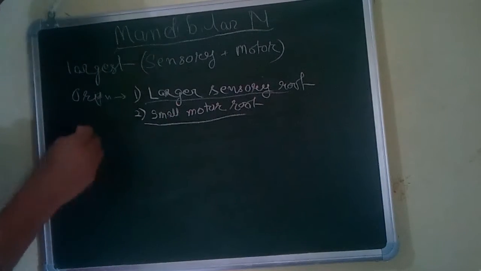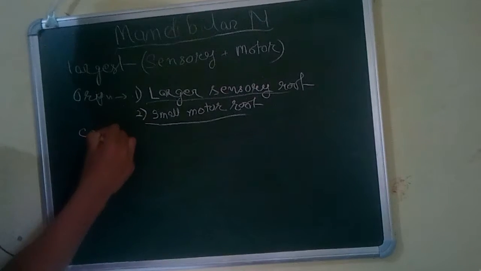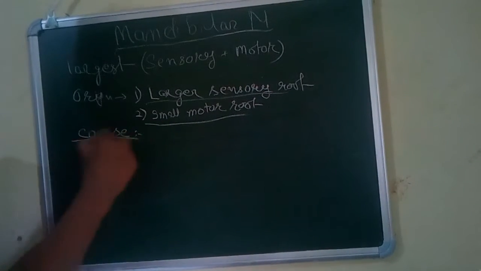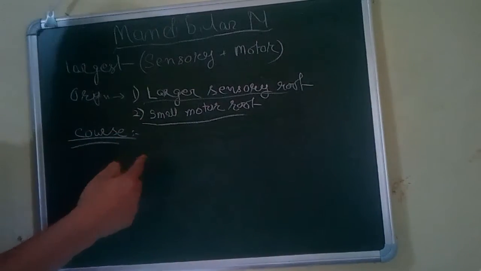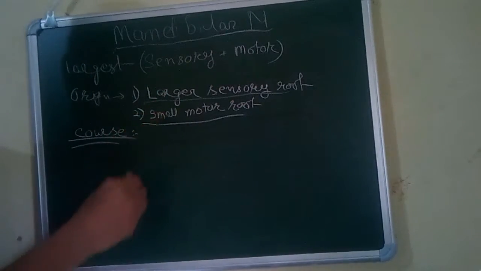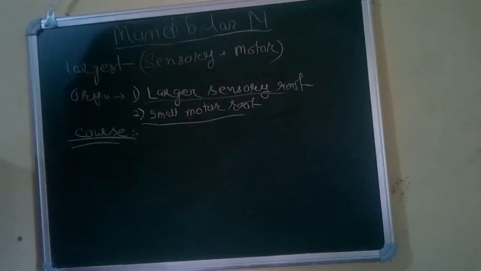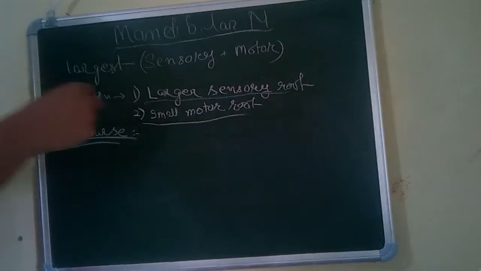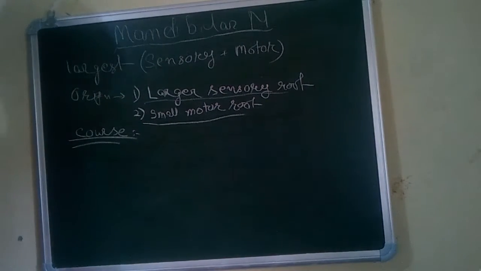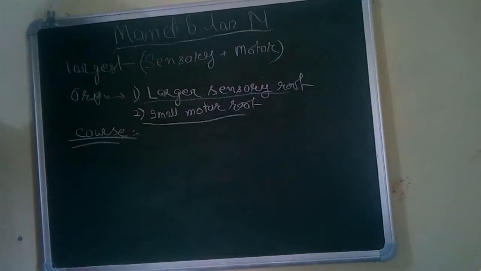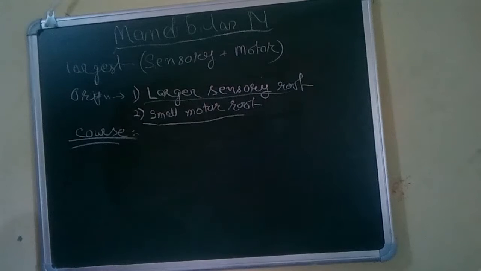Now the course of the mandibular nerve. Both roots pass through the foramen ovale and join to form the main trunk, which lies in the infratemporal fossa.